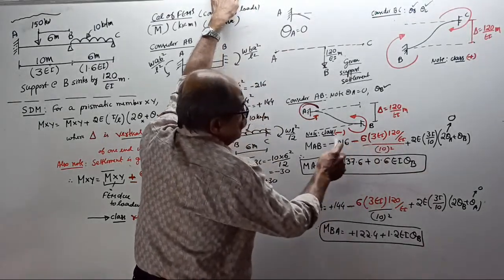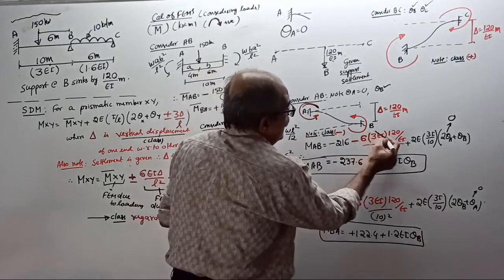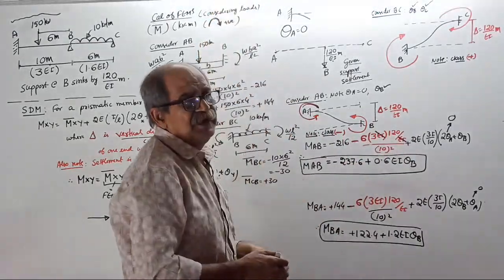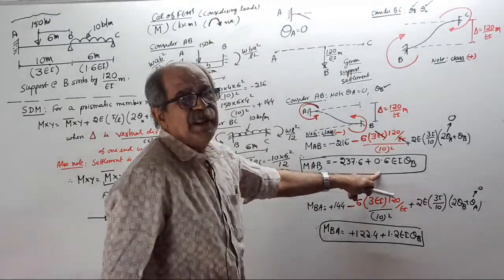Add these two, your EI will get cancelled. So you get minus 237.6 plus 0.6 EI theta B.